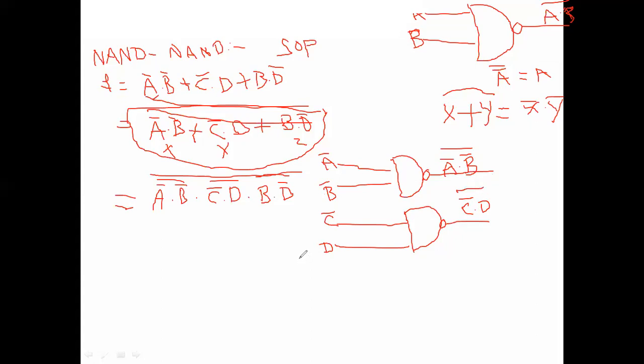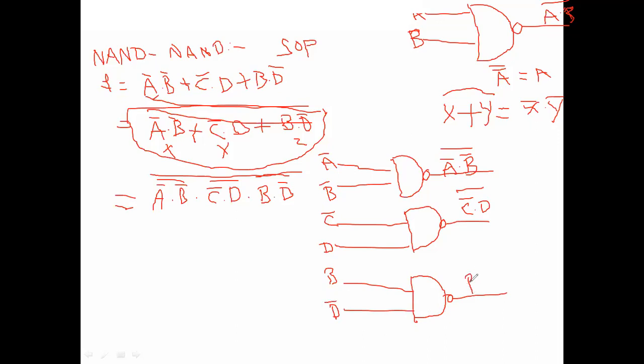Okay, do you understand? Now what is the third term? B dot D bar whole bar. So B, D bar, two inputs, NAND gate. Here this will be B, this will be D bar. B and D bar are two inputs.